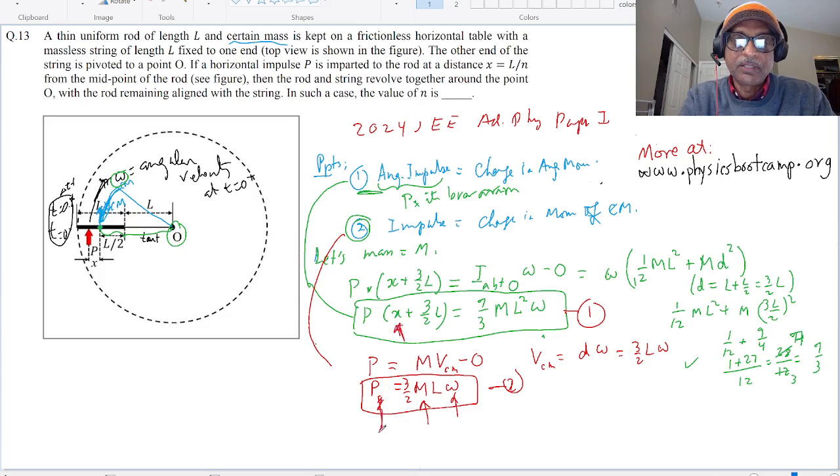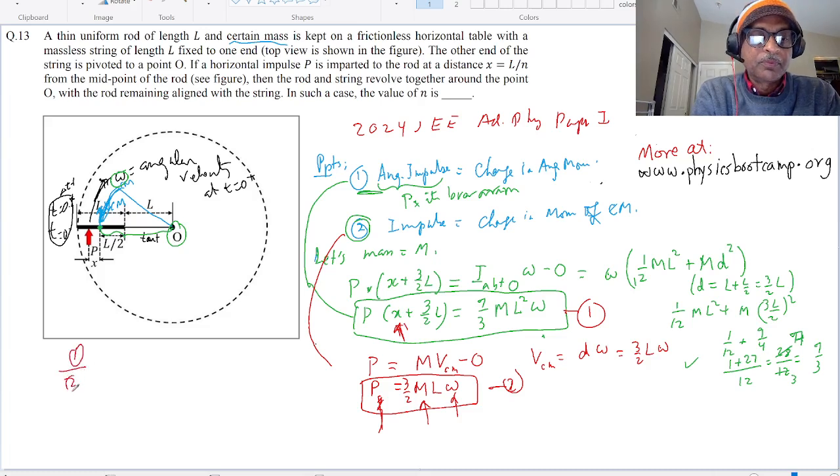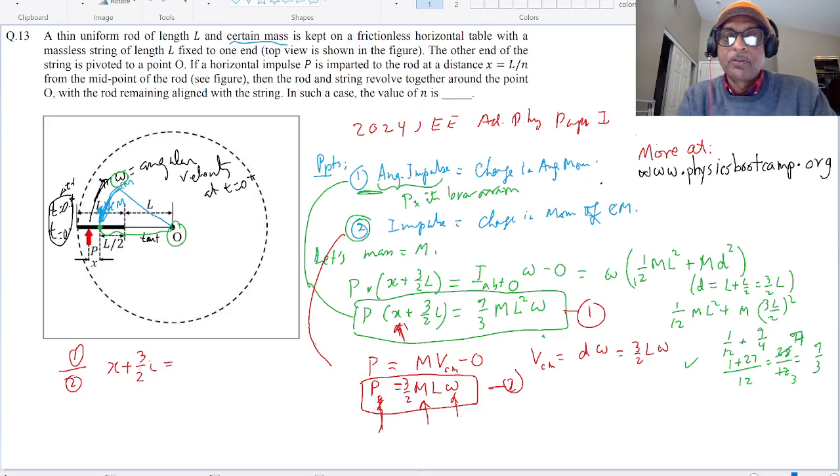On the left side, P cancels out and I get x plus 3 over 2 L. On the right side I get 7 over 3, m cancels out, L remains, omega cancels out, and 3 over 2.